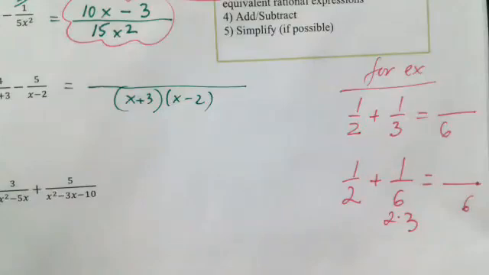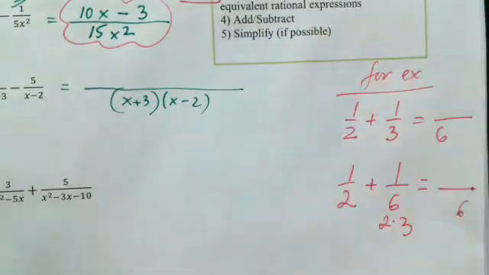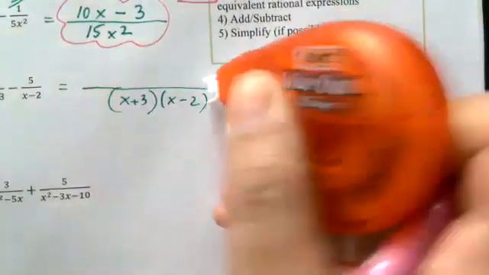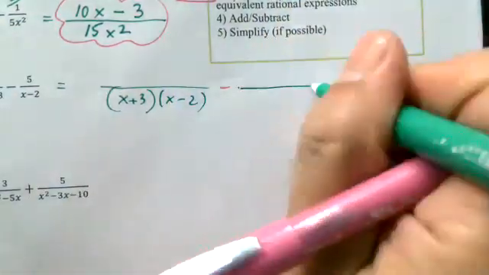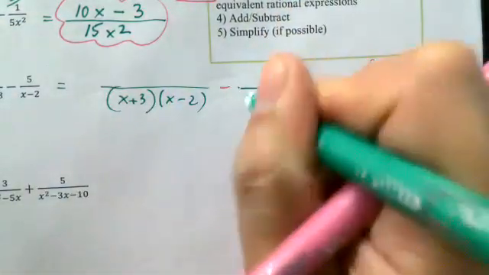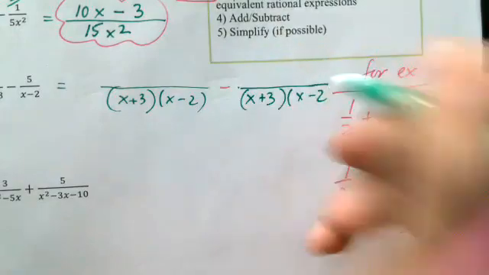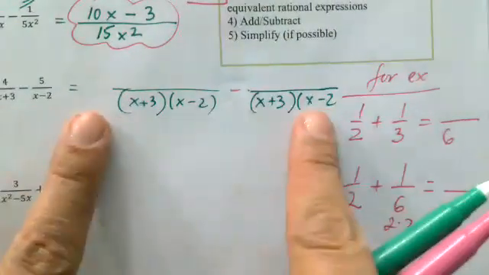I think this one I'm going to do in 2 separate fractions because it's going to be difficult otherwise. So minus, again, second fraction is x plus 3, x minus 2. So that's our first fraction, that's our second fraction.